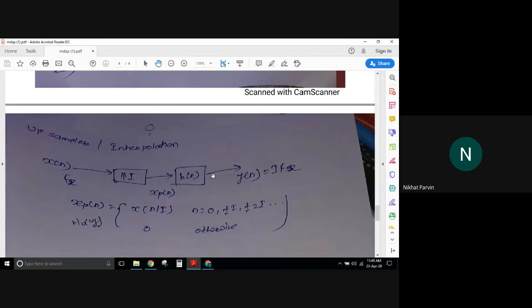The unwanted frequency bands, which may be coming because of the surroundings or other signals, will get removed by this filter, and you will get the same signal, that is y of n equals I into fx. So the mathematical representation of this is x of n by I.